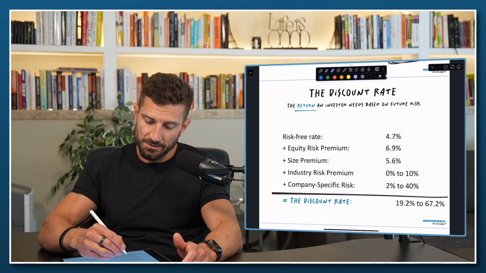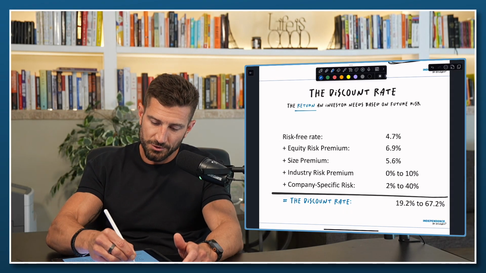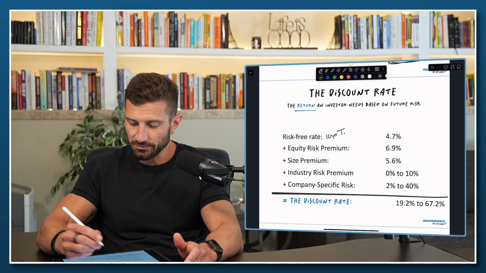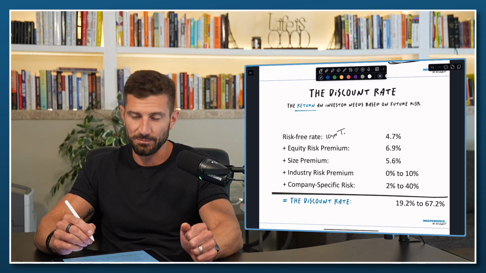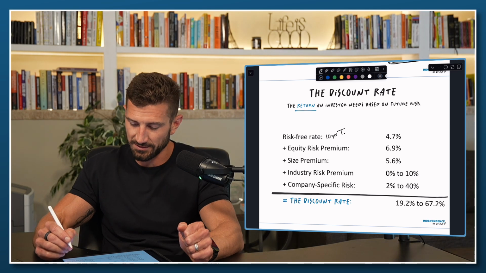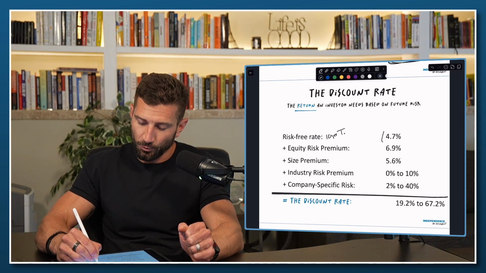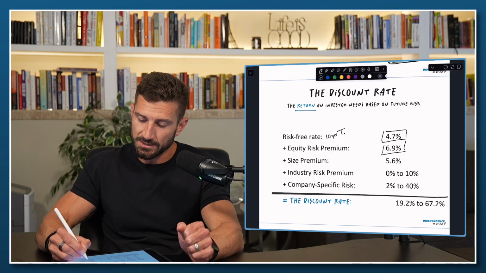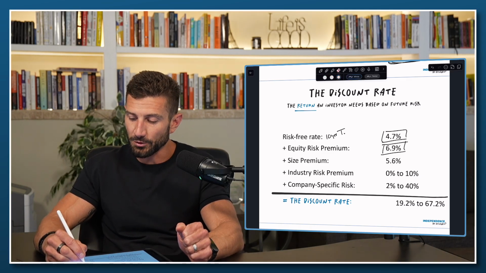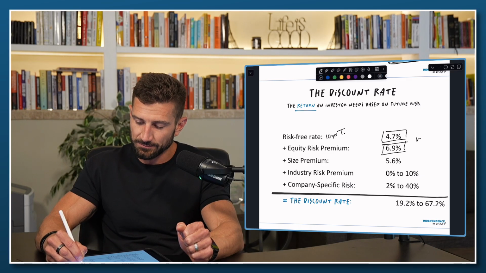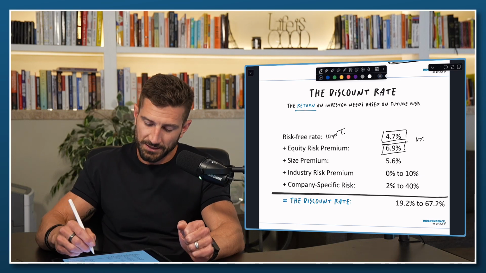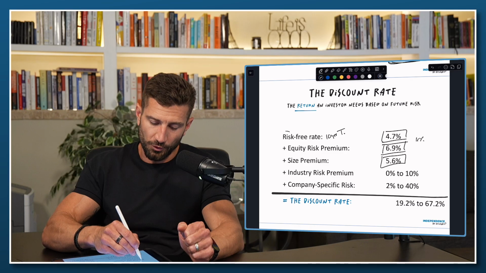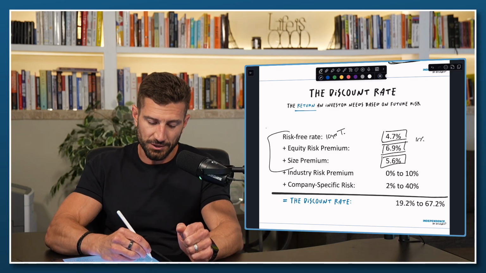We start with the risk-free rate, which is the 10-year treasury, not a T-bill, because bills are 24 months or less, I think. That's 4.7%. And then we stack on risk. We say, okay, we can put money in the S&P 500 and get another 6.9, which averages around 11 to 12%. Then we add privately held companies, which is more. All three of these are published each year.